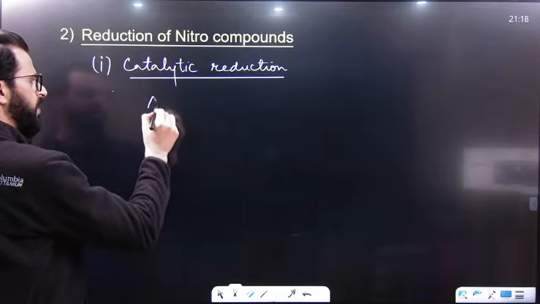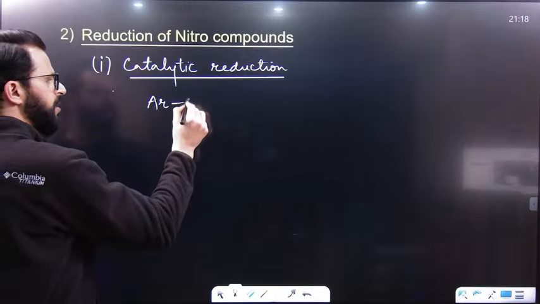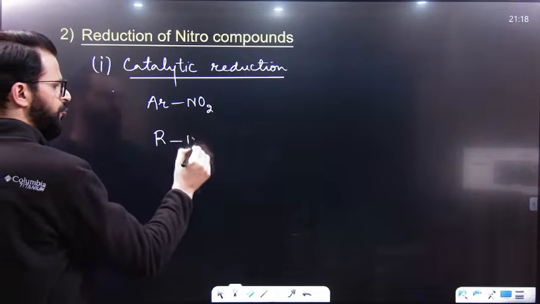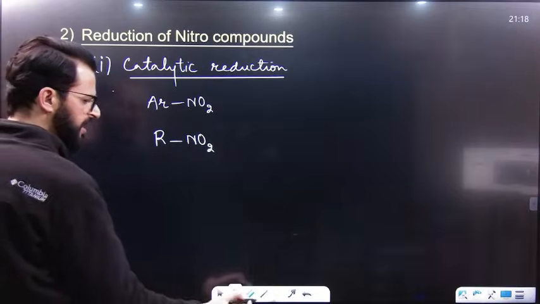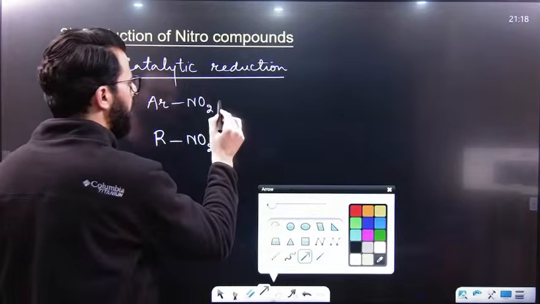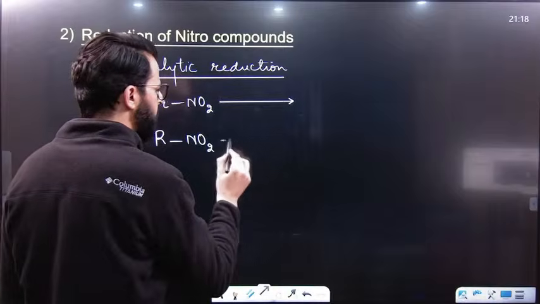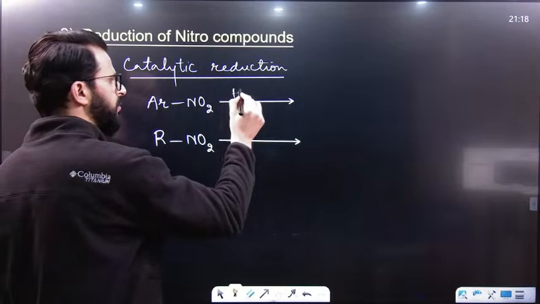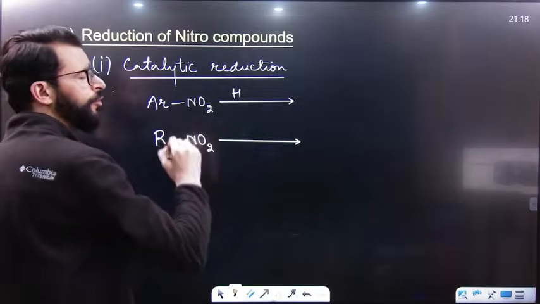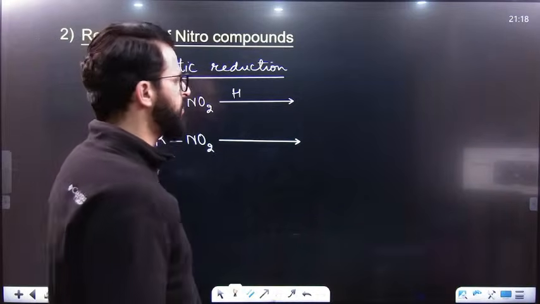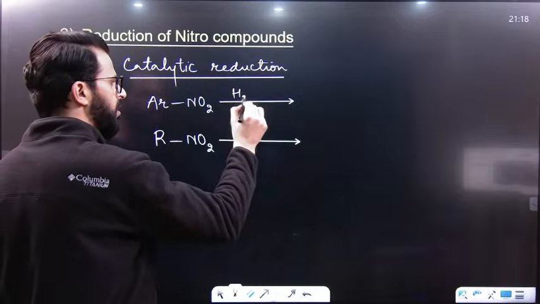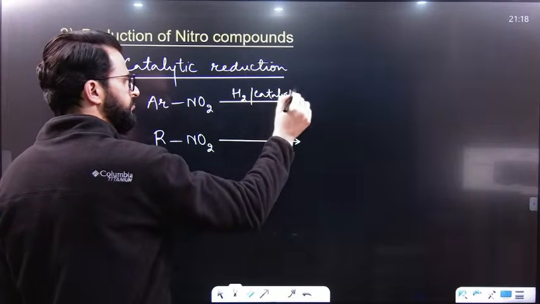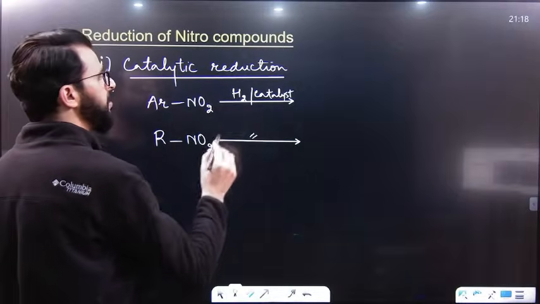Whenever an aromatic nitro compound or an aliphatic nitro compound is treated with a catalyst, that is, undergoes hydrogenation or reduction in presence of catalyst, for example H2 in presence of catalyst, what will be the product?